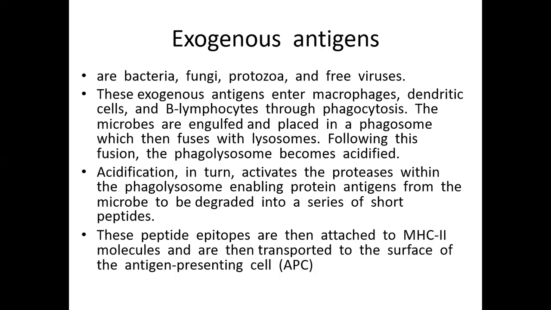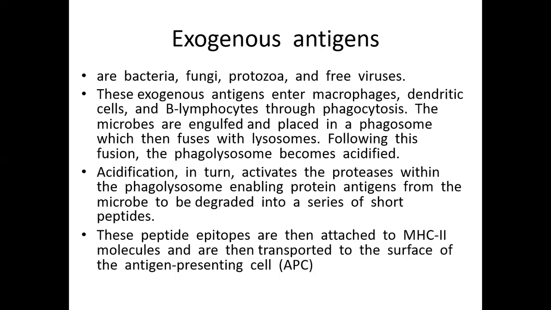So I just described the process of phagocytosis. Acidification in turn activates the protease within the phagolysosome, enabling protein antigens from the microbe to be degraded into a series of short peptides. So it's a process of destroying the bacteria and taking its epitopes, its antigens.